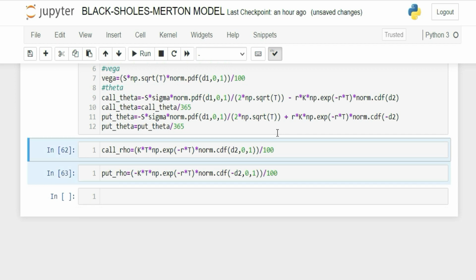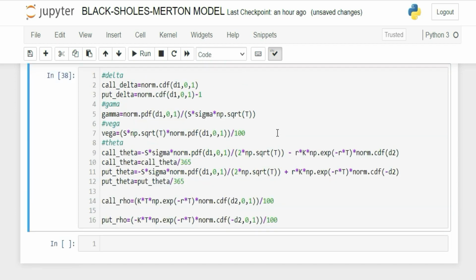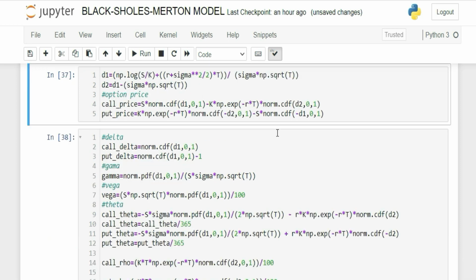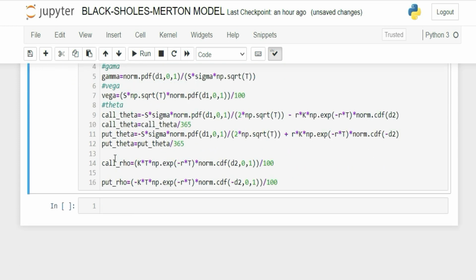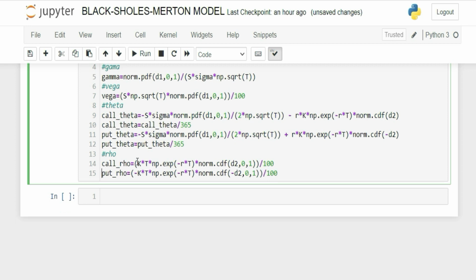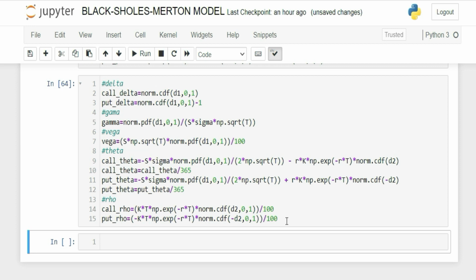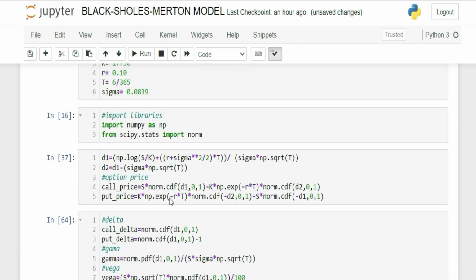So let's mix with this one, and I can see here, this is my rho. Delete it. So I got delta, gamma, vega, theta and rho. Okay, so this is all about your Greeks, and this is your option price.